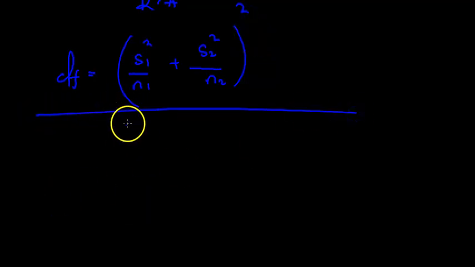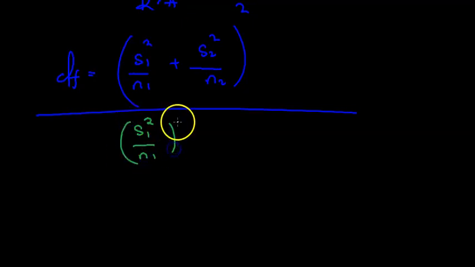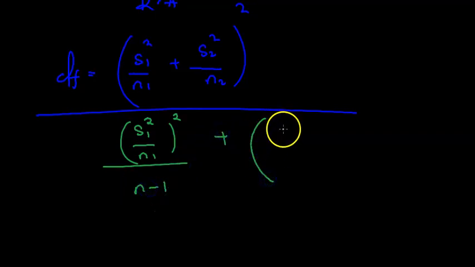Then you divide everything by s1 to the power of 2 divided by n1. You put everything also here, but this time around everything is different, in square, then you divide everything by n1 minus 1. You plus s2 to the power of 2 divided by n2.